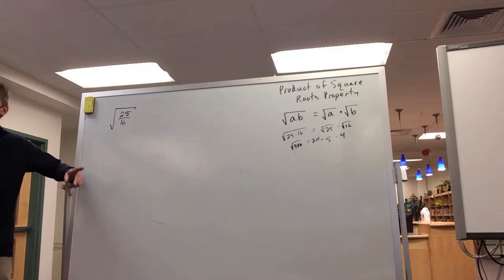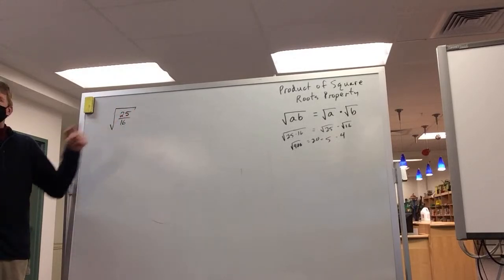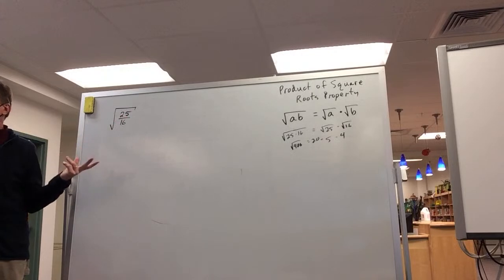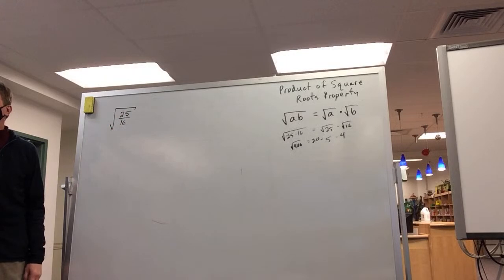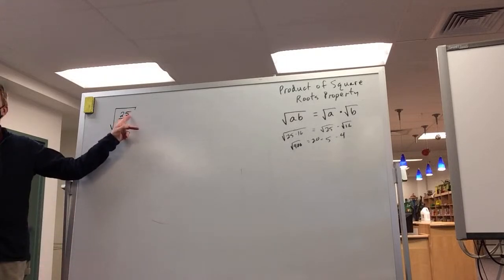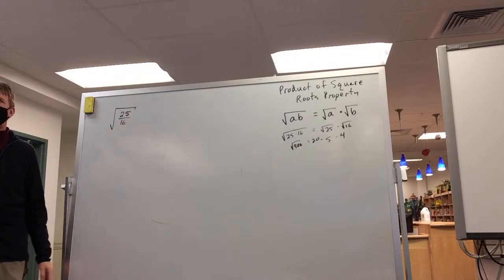Let's take that square root. But first off, I'm going to ask you, can you simplify 25 over 16? Can we reduce the fraction? Because this is just 5 times 5. This is 4 times 4, which is 2 times 2 times 2 times 2. So there's no common factors.